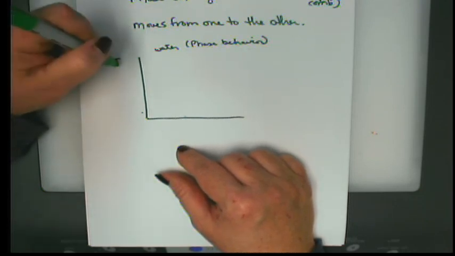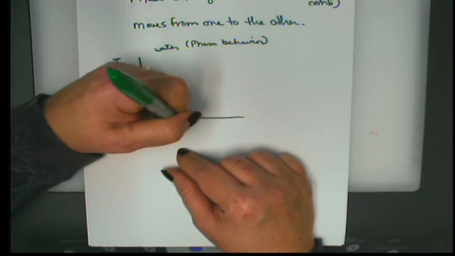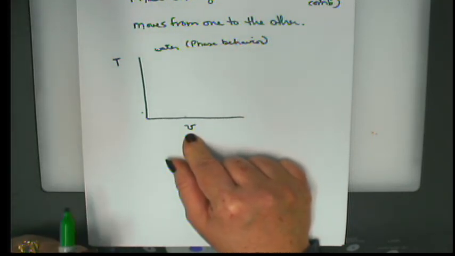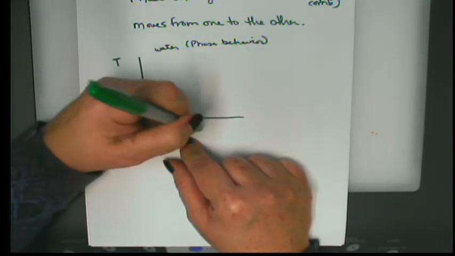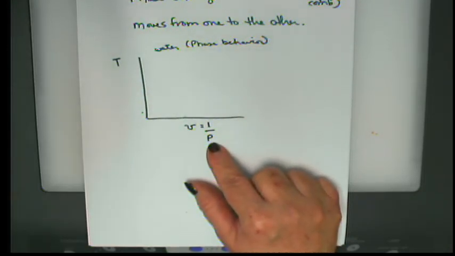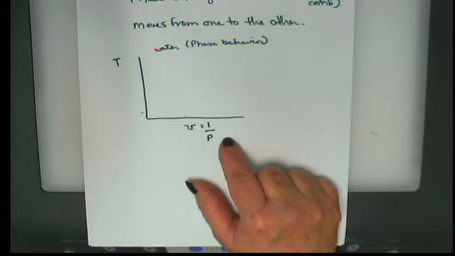All right, so if we take temperature and we plot it against specific volume. Now, if you remember, specific volume is, generally speaking, 1 over the density. So in other words, density is measured in kilograms per cubic meter or slugs per cubic foot.